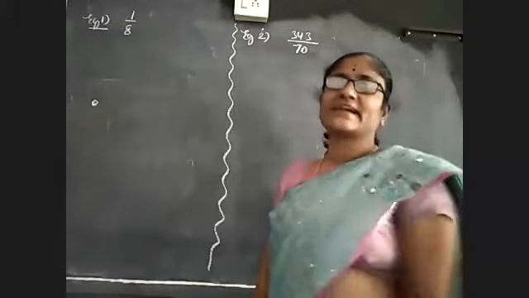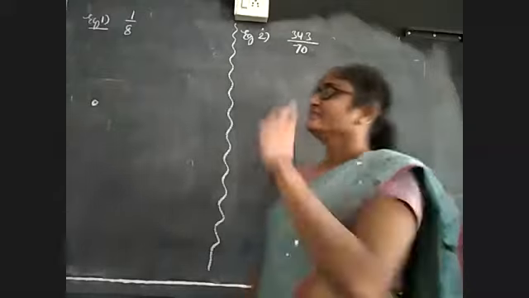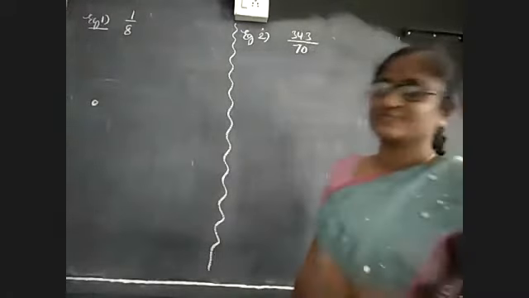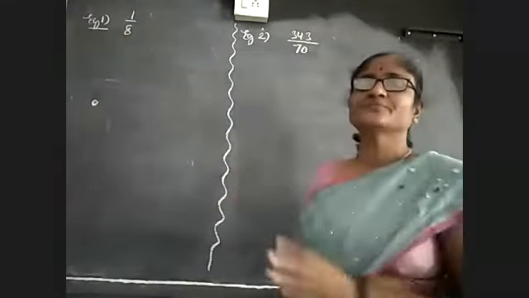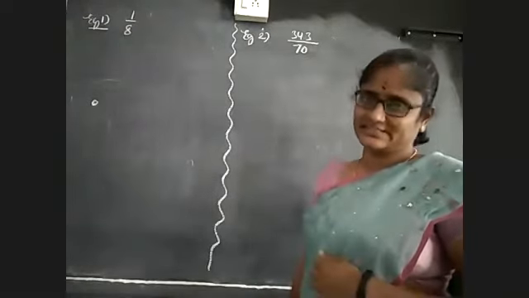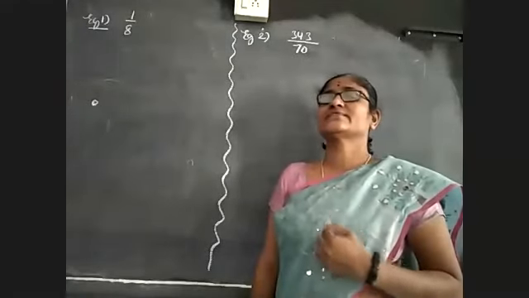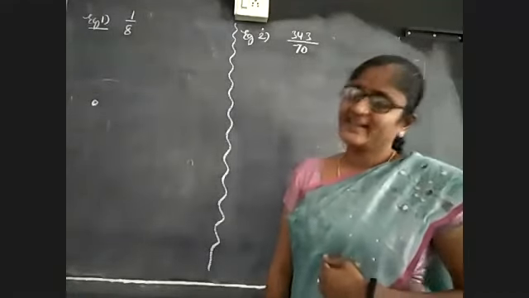Immediately you get an idea: when they say without performing the division, we have to use both the theorems we discussed just now. One is about terminating decimals, one is about non-terminating decimals.